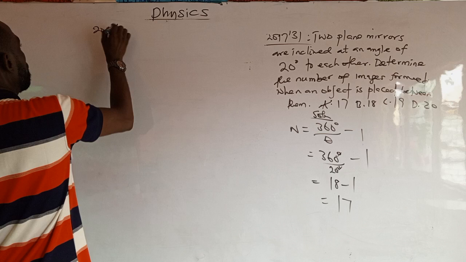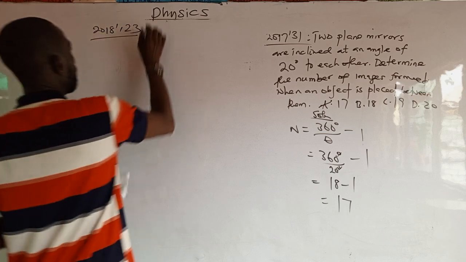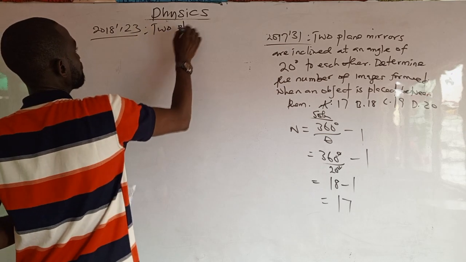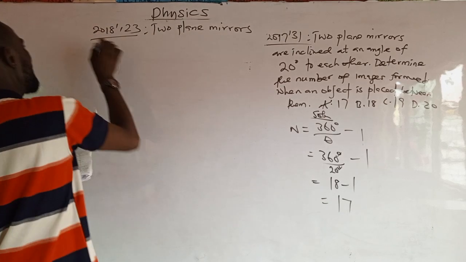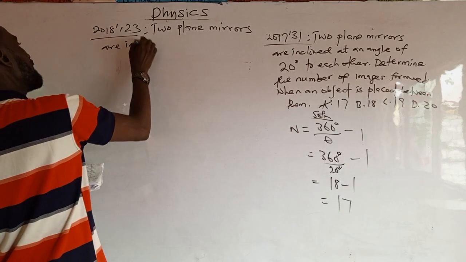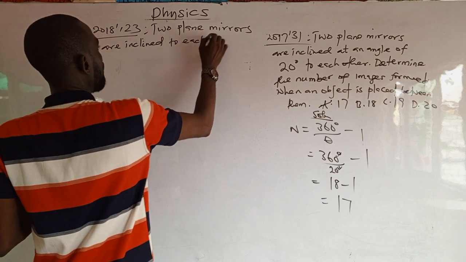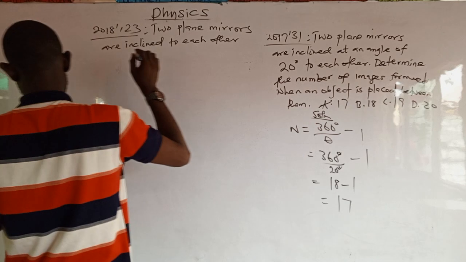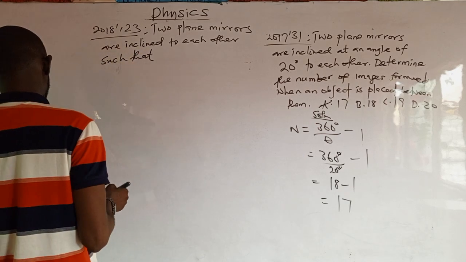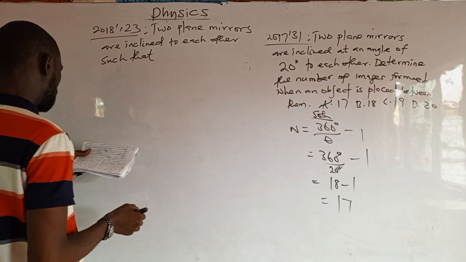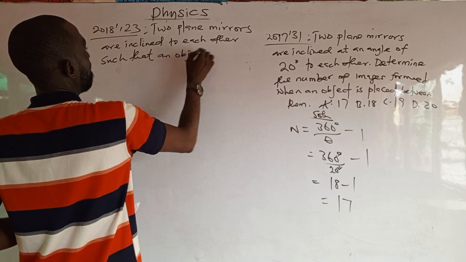2018, number 23. Two plane mirrors are inclined to each other such that an object placed between them has 11 images.